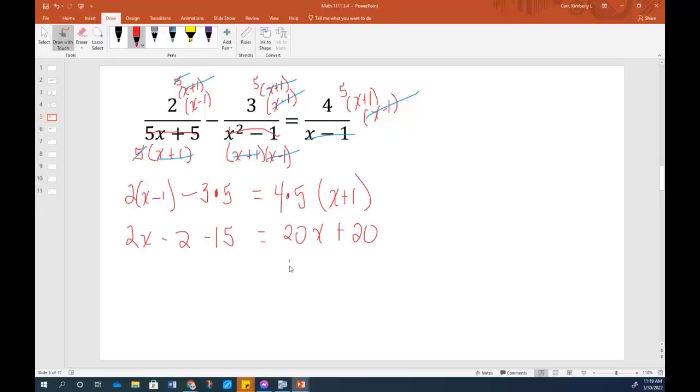I'm going to subtract 2x from both sides, which will give me 18x over here on the right. And then negative 2 minus 15 is negative 17. But then I also have to subtract another 20. So that's going to be minus 37, or negative 37. All right, divide both sides by 18, and I would have negative 37 over 18.